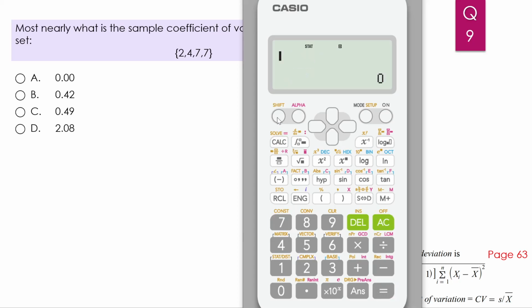Then you press AC, shift, stat, then you choose number 4. So this is how many items you have, which is 4. This is your X bar. This is the standard deviation for your population, and this is the sample standard deviation. For us, it's the sample standard deviation divided by X bar. So we need this, which is 2.45.